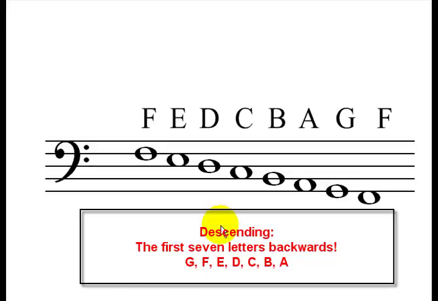The row of notes going backwards the alphabet. F, E, D, C, B, A, G, and F. So if you go from A and you go backwards, you see the alphabet here. A, B, C, D, E, F, and then the next note will be G, and A, and B.